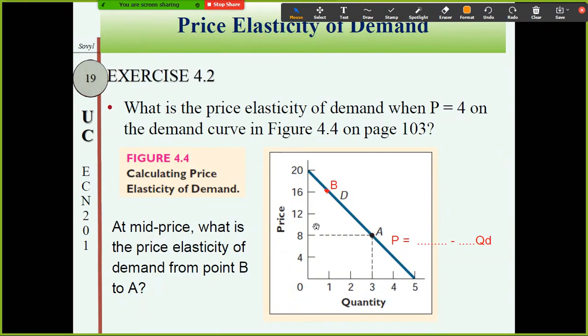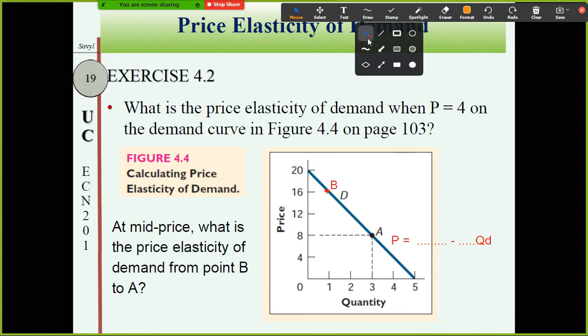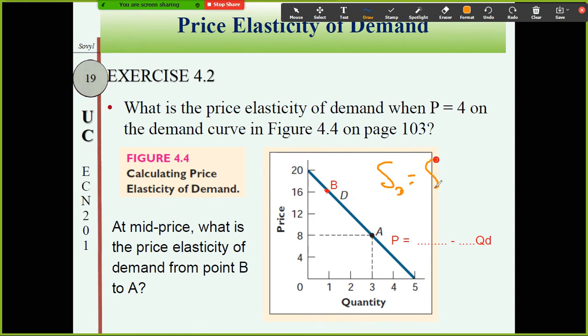Okay, let's look at this one. The slope of the demand curve D is equal to the slope at A, equal to the slope at B, or the slope at any point, like this point, this point, this point.